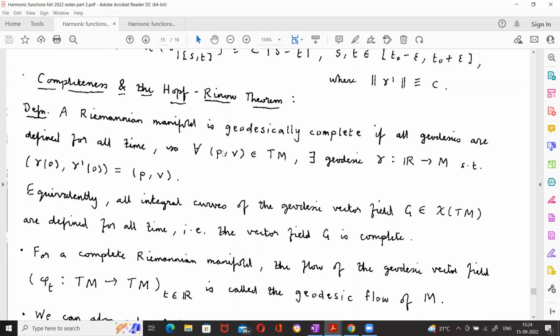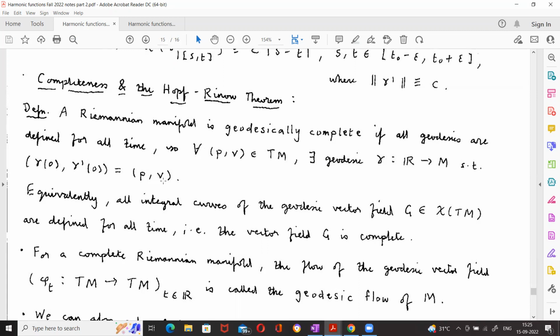So for any point P and any tangent vector V in T_pM, there exists a unique geodesic defined for all time such that its initial conditions, gamma(0), gamma'(0), are equal to (p, v).